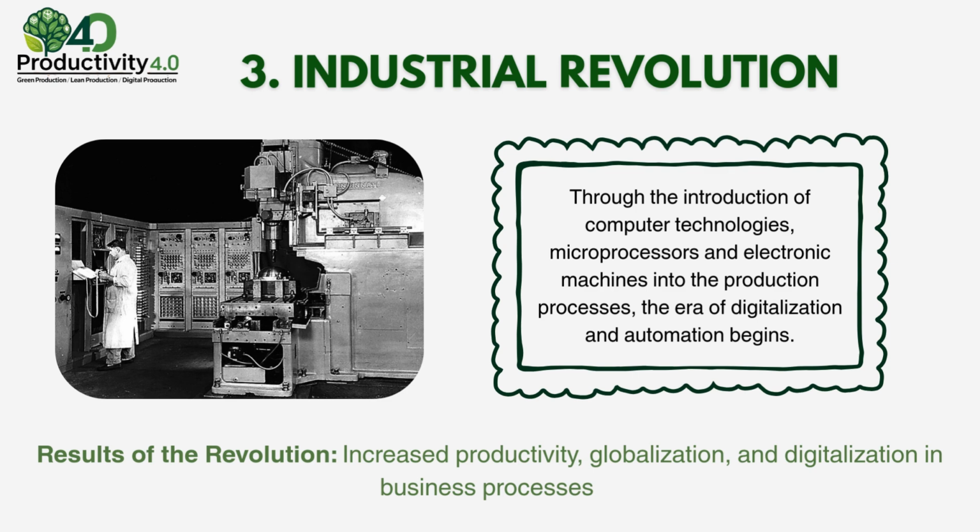At the same time, globalization accelerated, and production processes became more interconnected and integrated worldwide. Digitalizing business processes transformed decision-making and management mechanisms, creating a new business culture. These developments opened the door to a comprehensive transformation in the business world.